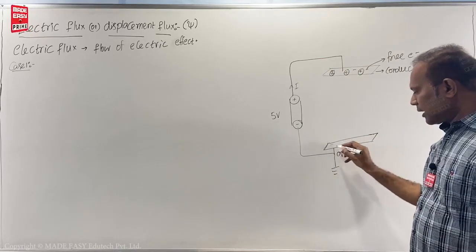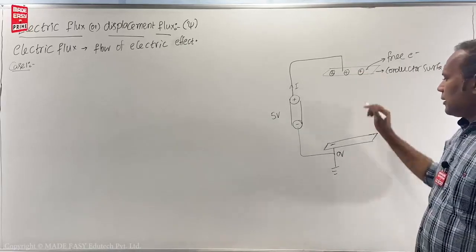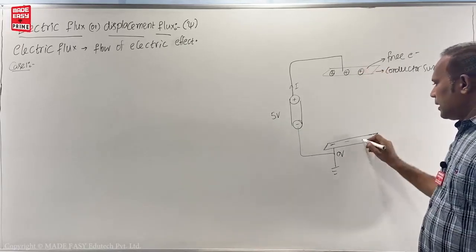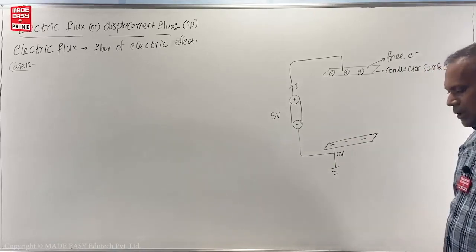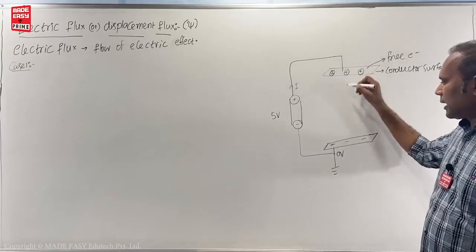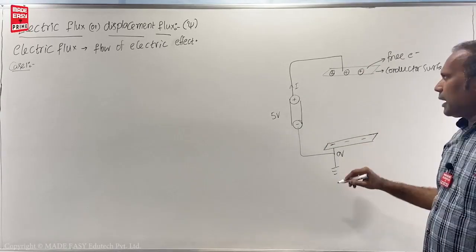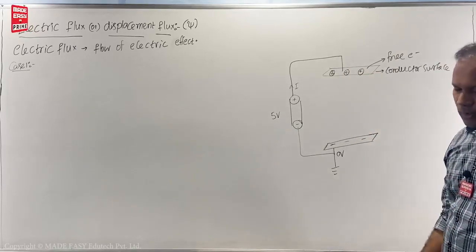That is why the electron comes and stays on this surface. Similarly this electron, then you say the capacitor is charged. So the conclusion: whenever you connect a voltage between two conductor surfaces, automatically one surface gets positive charge and the other surface gets negative charge.